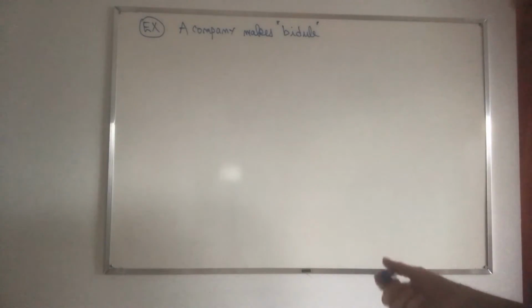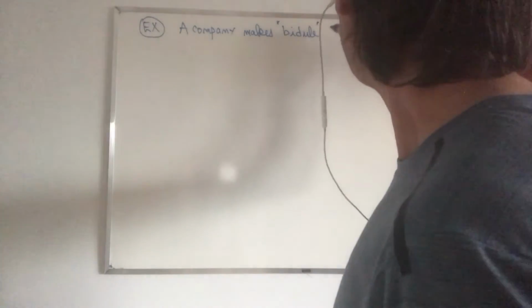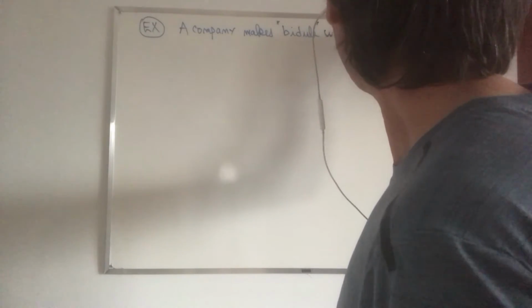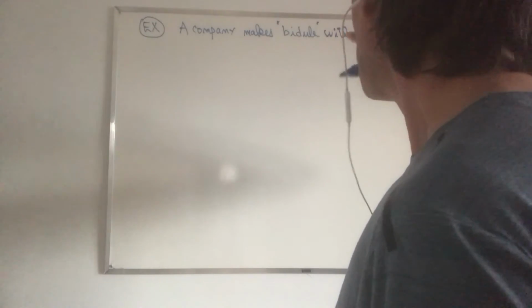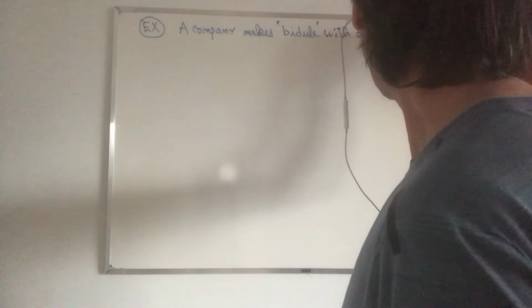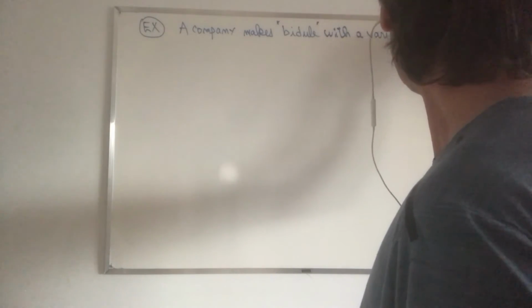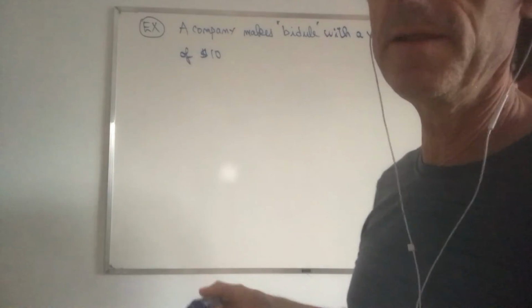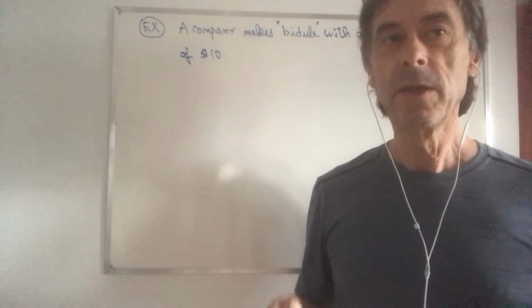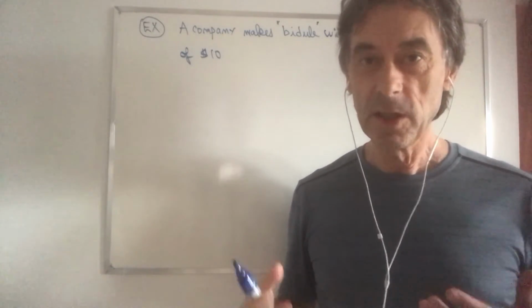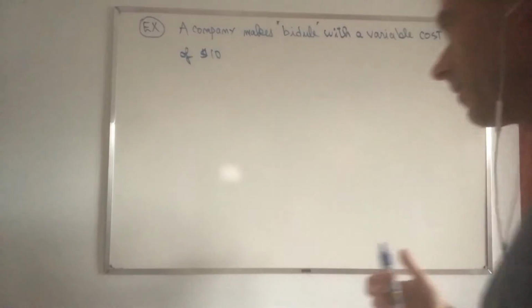So it makes bidule with a variable cost of $10. What does that mean? It means that in terms of raw material, to build one bidule, you actually need to pay $10.